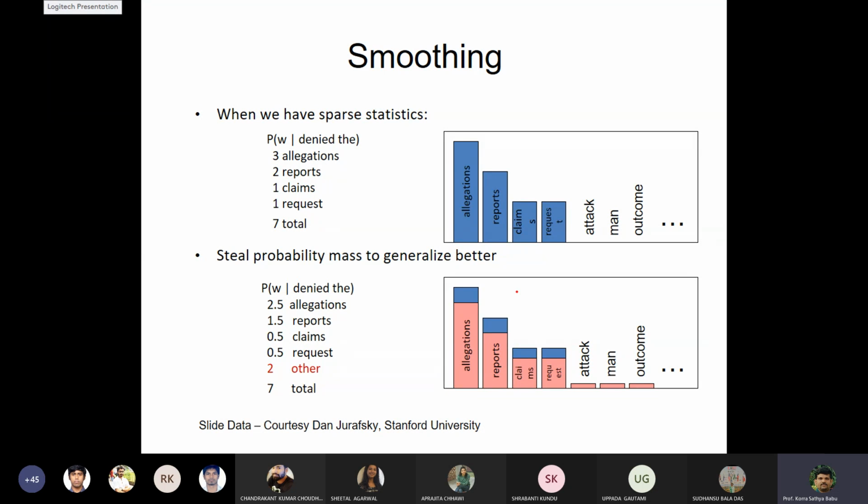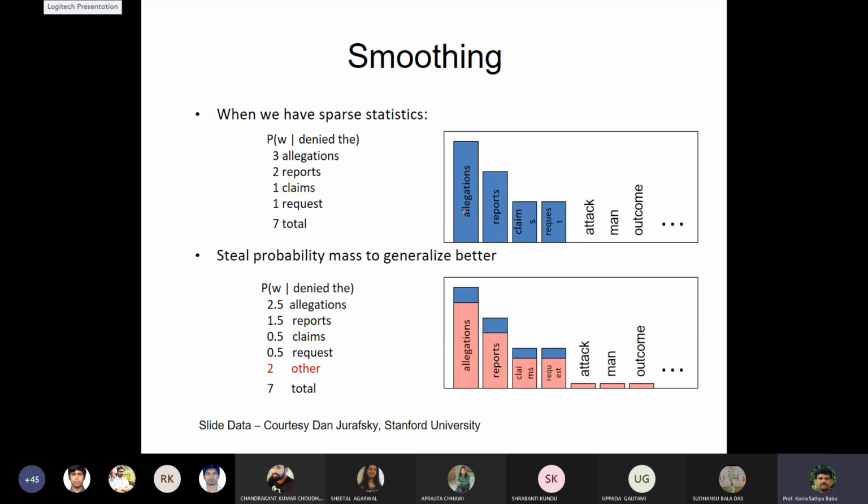When we have sparse statistics, it means that more zeros are also available. So you see here, the probability of W given denied the: what would be the next words, like allegation, report, claims, request? Those have been seen in training and are available, right? Now the total trigram count is 7 here.